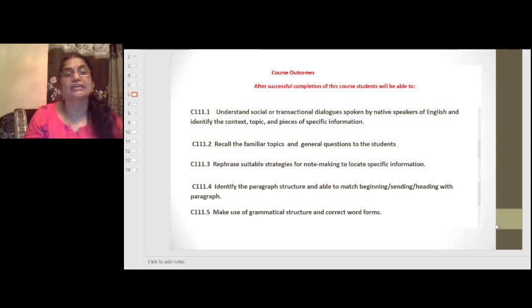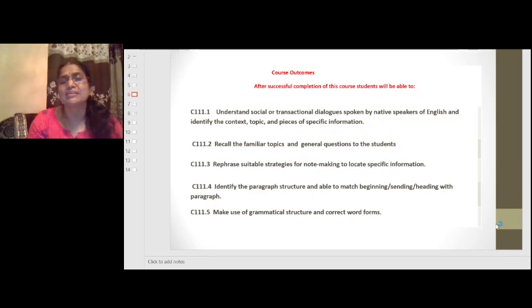And the second lesson, from the second unit, you have to recall the familiar topics and general questions to the students. Okay, we have to recall the familiar topics. Now the second unit talks about Nehru, a letter to his daughter, and from that unit you have to recall the familiar topics and general questions. We have to ask the students and they should be able to explain that.